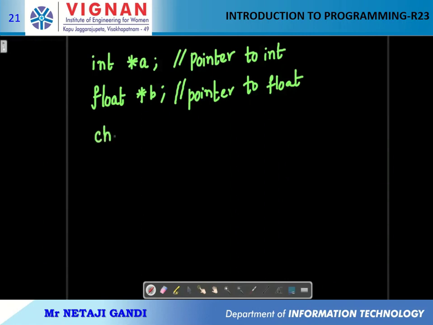And then char star c, so this is a pointer to the character data type, a pointer to a char memory location. So like this you can write different pointers. You should use an integer pointer only to point to an integer memory location, similarly a floating point pointer to point to a floating point location, and so on.